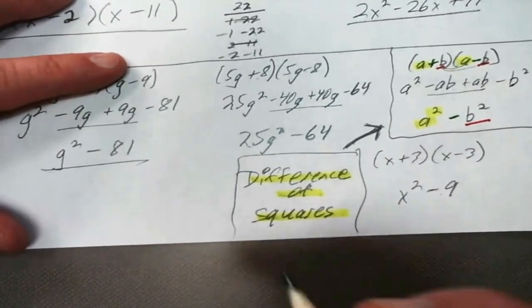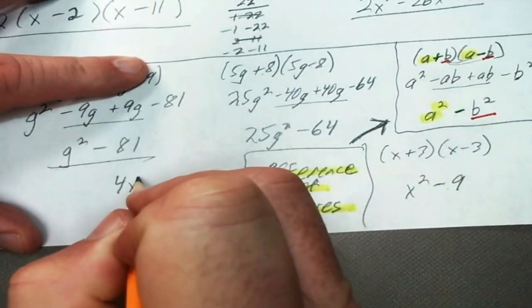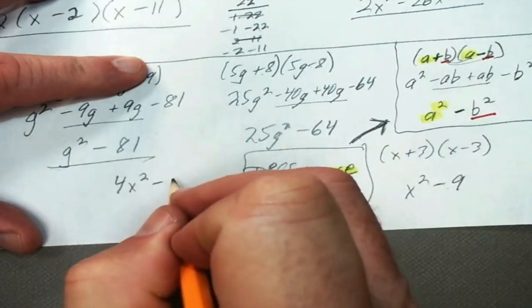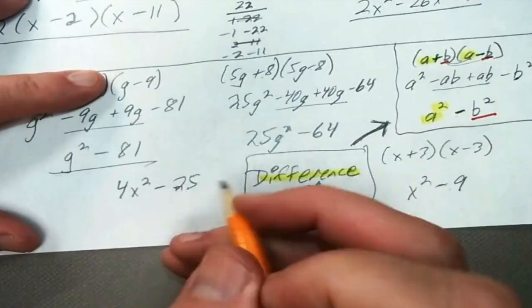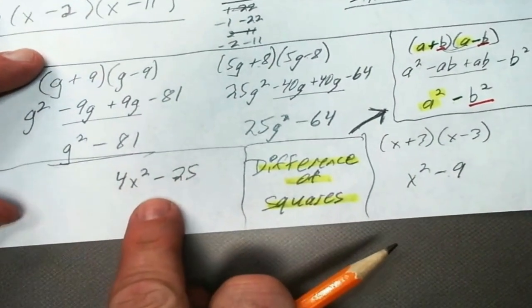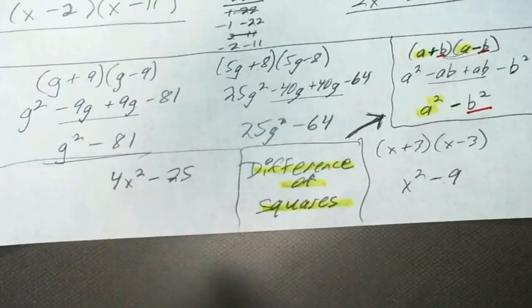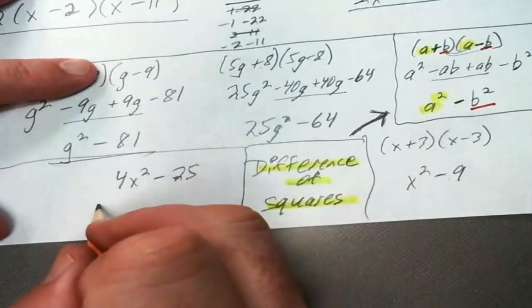Likewise, let's say we have 4x squared minus 25. And I ask you to factor this. What are the factors? If you recognize that these are both squares, you can just write down the factors.